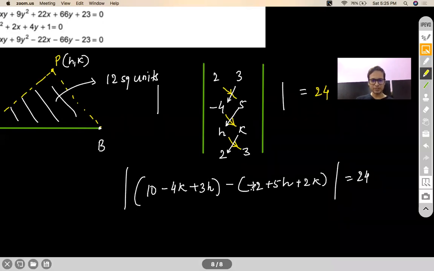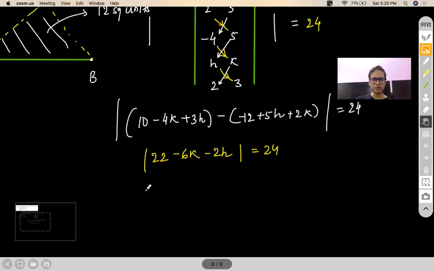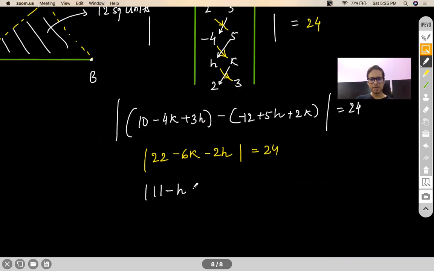Fine. So if you simplify it, you get 22, you get minus 6k, and you get minus 2h. Mod is equal to 24. If you want, you can drop a factor of 2 from here. So you'll get 11 minus h minus 3k is equal to 12.